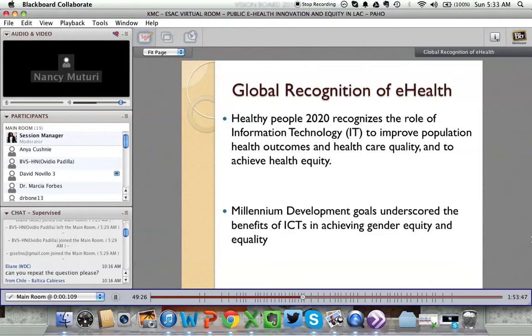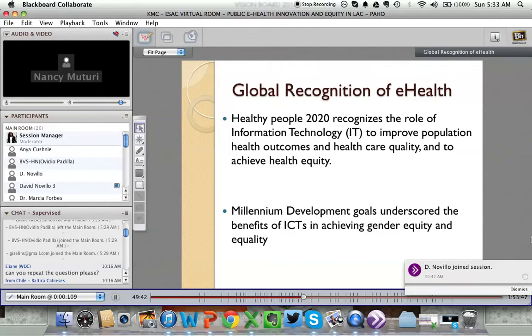The Millennium Development Goals also has underscored the benefits of using ICTs in achieving not only gender equity and equality, but also in improving people's health.